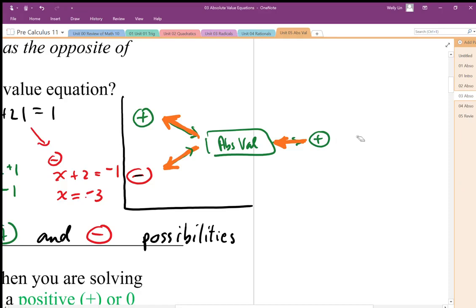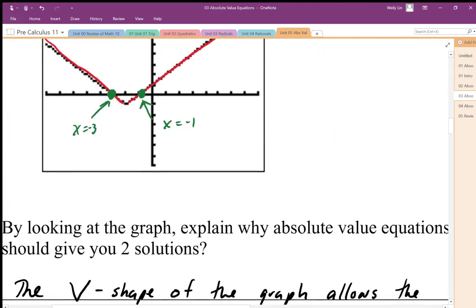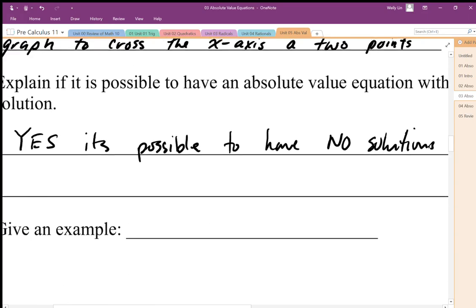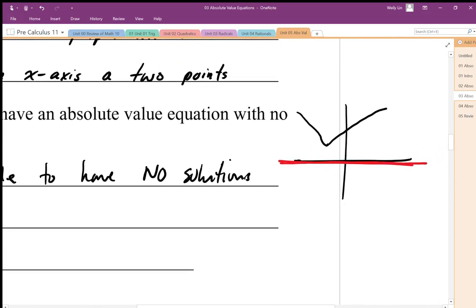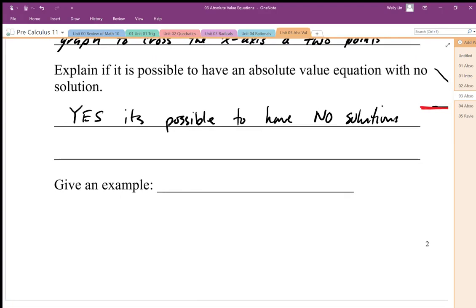So what happens then if we try to put that negative through here? It doesn't work. It doesn't happen. We can't do it. So I'll give you an example here of an absolute value equation that has no solution.